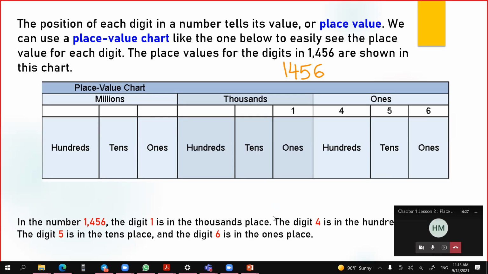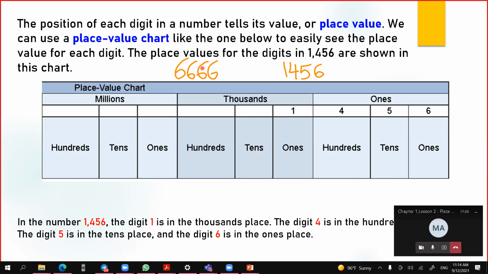Another example: if you have 6, 6, 6, 6. Look at the first 6 here. Does the first 6 have the same value as the second 6? No. Why no? Because the position of the first 6 is different from the position of the second 6.